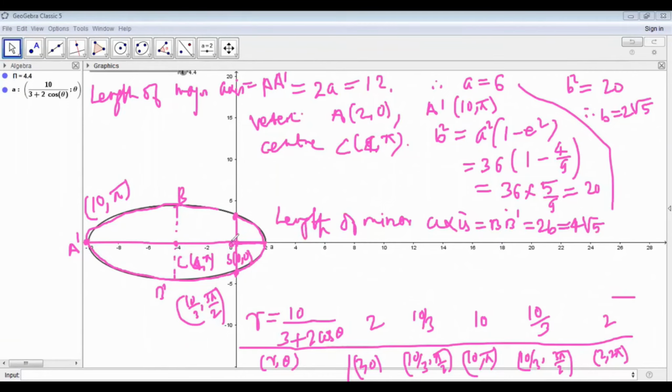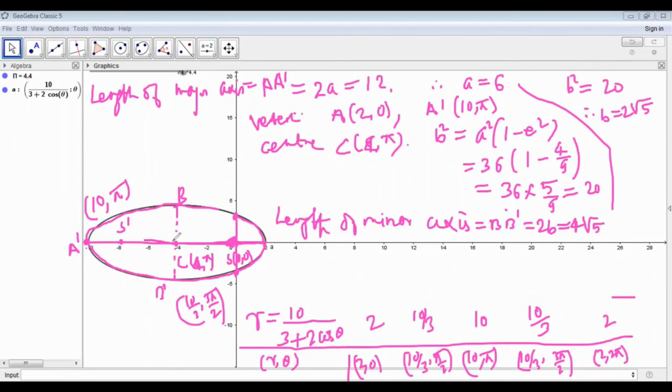One focus is S at (0, 0). The other focus is S dash, and we have to find its coordinate. We know the distance from the center to the focus, CS, equals CS dash, which is 4.